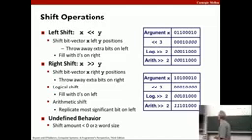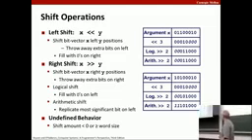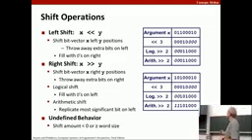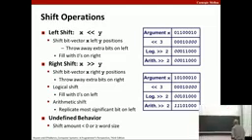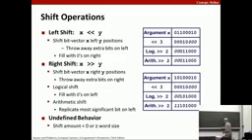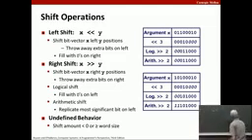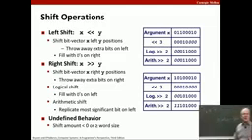The other thing that is kind of confusing to people is what should happen if you say, I want to shift an 8-bit number 8 positions to the left, and x is a single byte.